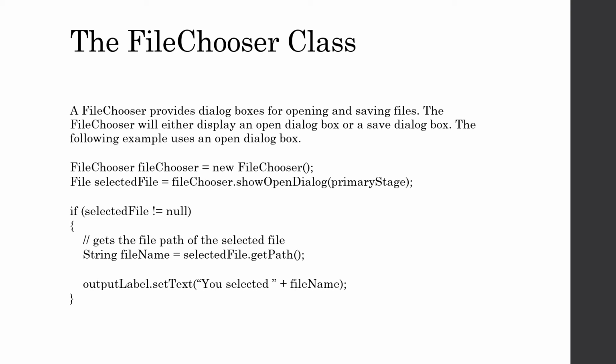I'm including some additional methods, primarily stuff that's based on file IO. We're using the getPath method to get the file path to the file that we just selected. And then we can also include a little output label with this text saying you selected, and then the file name, specifying the full file path to it.